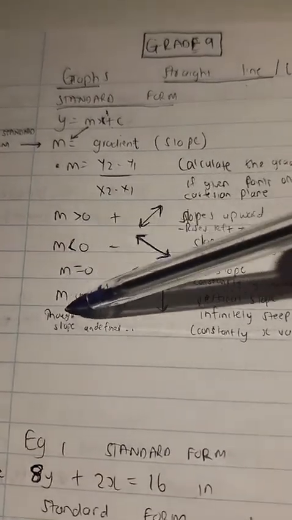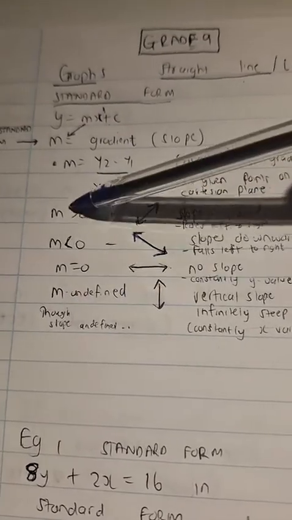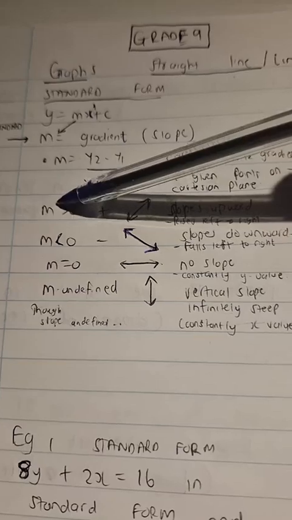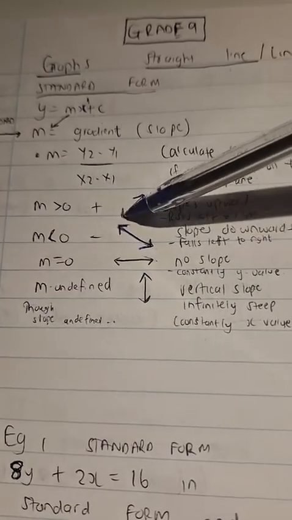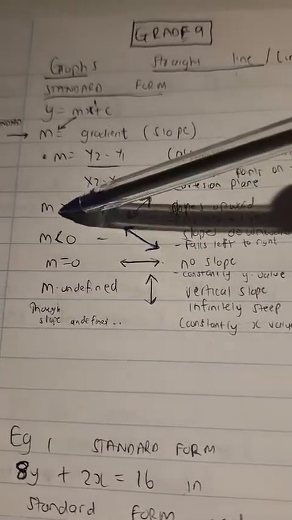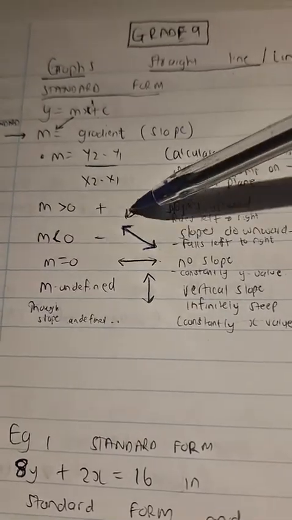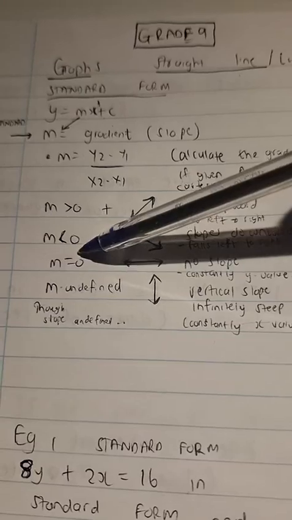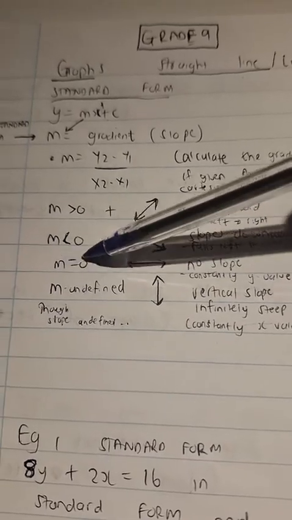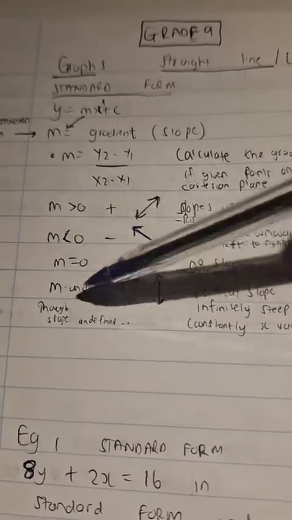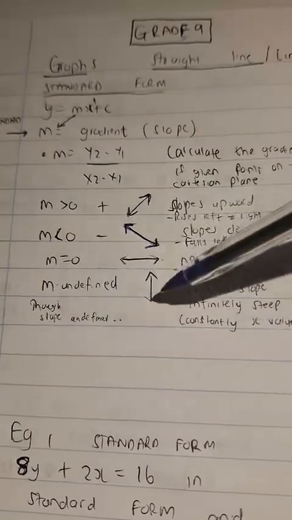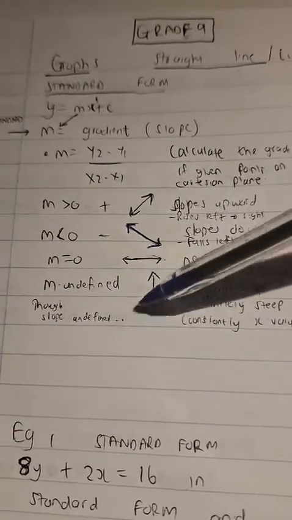We looked at what m means as far as the gradient is concerned. What do we mean when the gradient is positive, the straight line function that is increasing? When gradient is negative, the straight line that is decreasing. When the gradient is 0, the horizontal line. When gradient is undefined, the vertical line.